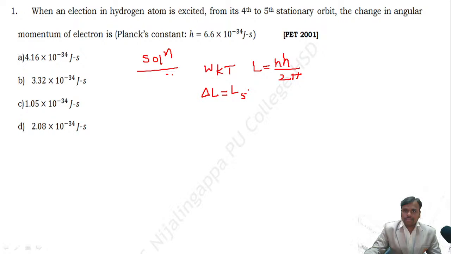Therefore, L5 minus L4. By using the above equation, we can substitute the L values: n5 into h by 2 pi minus n4 into h by 2 pi.